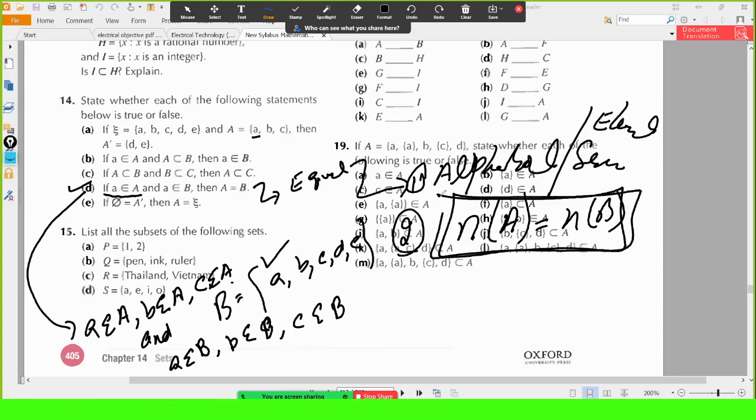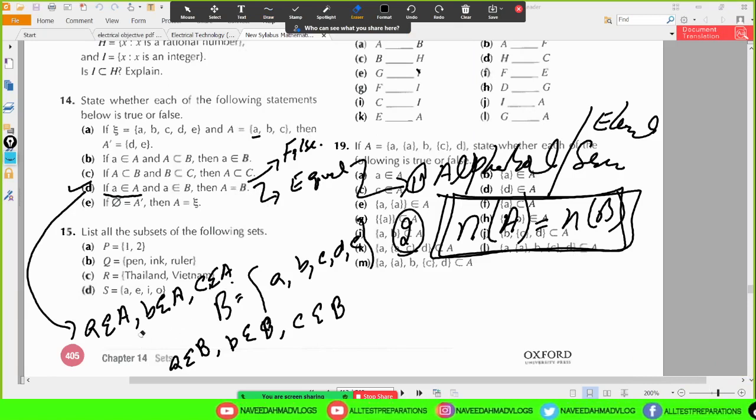This condition is not being satisfied. So that's why this is false. If you have any question, especially in part D, then you can ask.